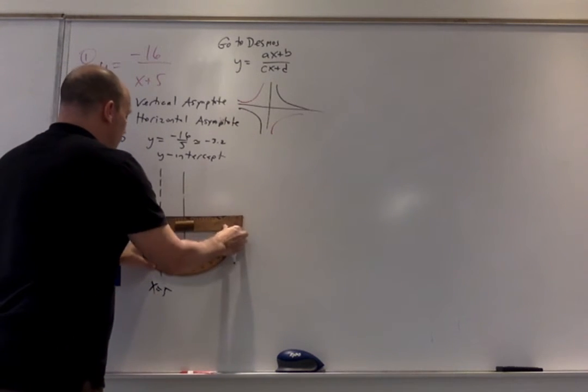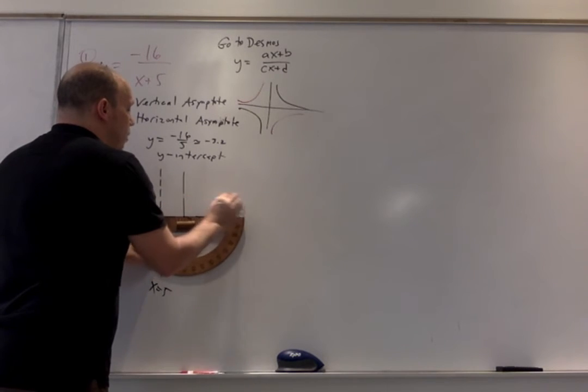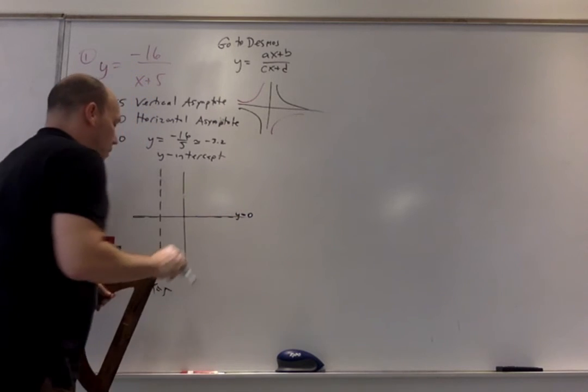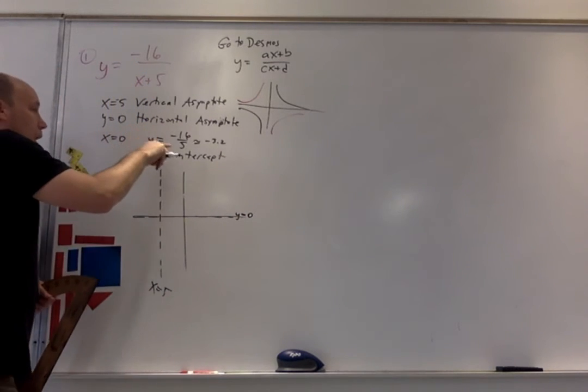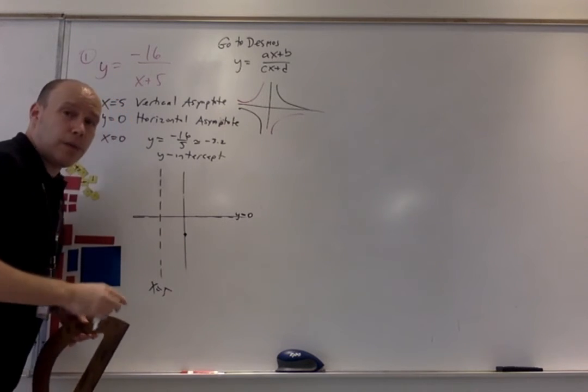I also know that y equals 0 is a horizontal asymptote. I know that 0, negative 3 over 2, that's my y-intercept.